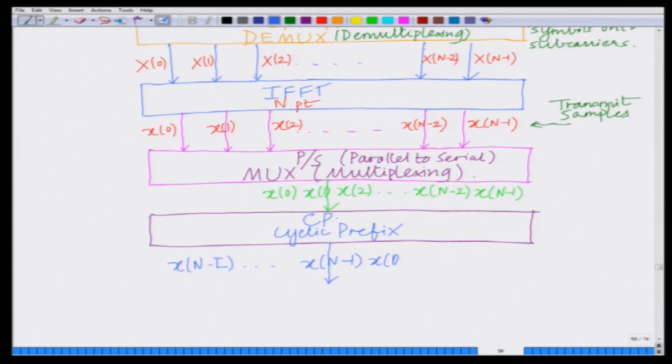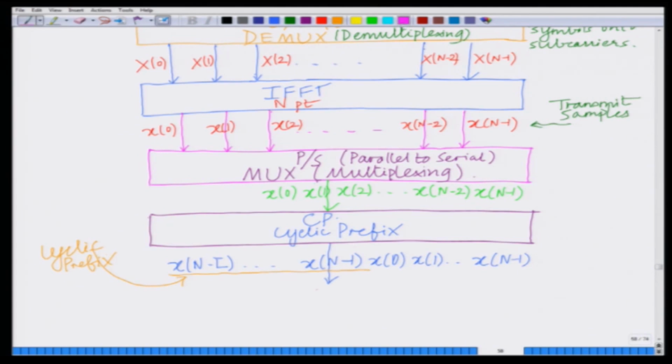This is the cyclic prefix, followed by x 0, x 1, up to x of n minus 1, which is the original block. This x of n minus L bar to x of n minus 1 is the cyclic prefix.